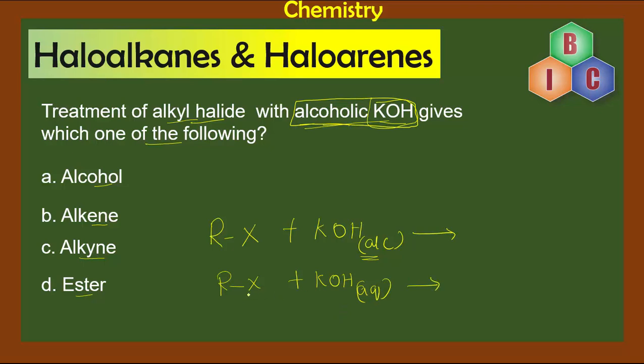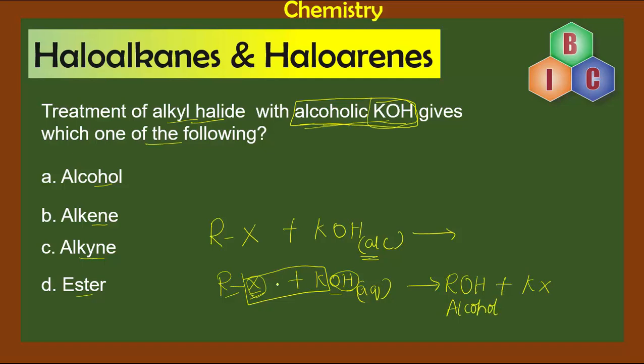First, let me take up this. Because it's a nucleophilic substitution reaction, the halide is a nucleophile. This will be replaced by the OH minus, which is another nucleophile. So the products formed will be KX and ROH. You are going to get ROH, that's alcohol, along with KX. So what is the product formed?